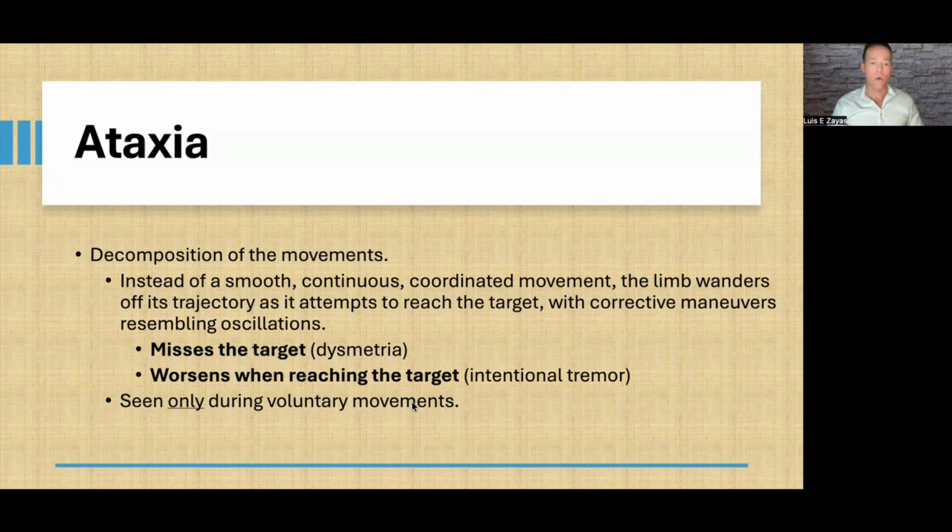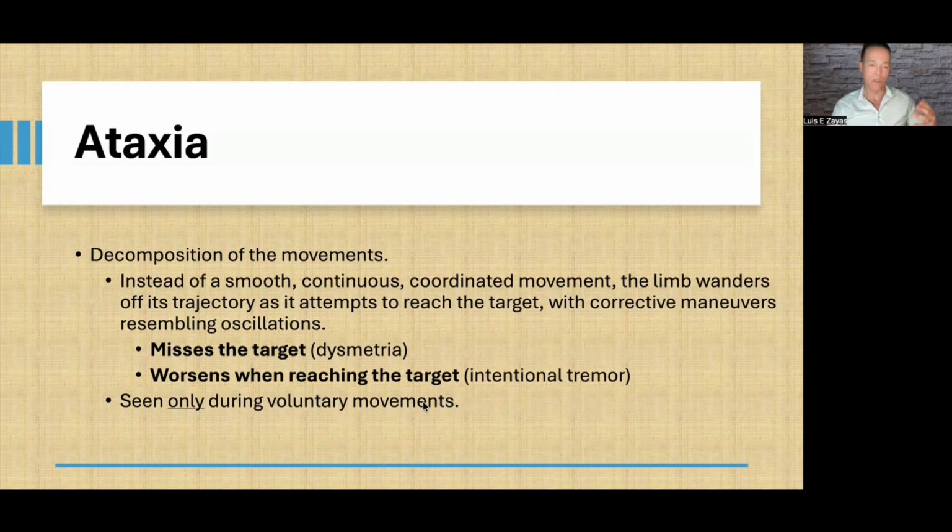And this is what you see in cerebellar problems. Patients with essential tremor also have intentional tremors because we believe that the pathology in essential tremor is coming from the cerebellum.